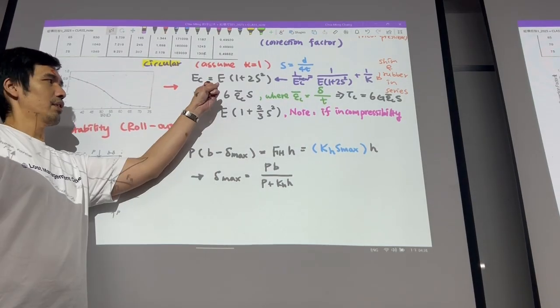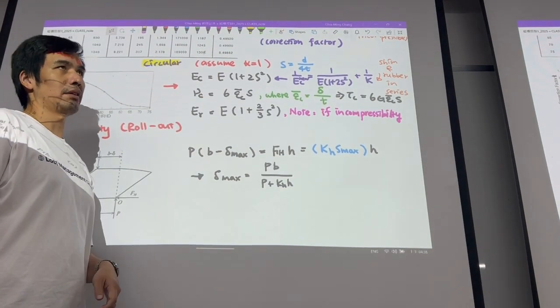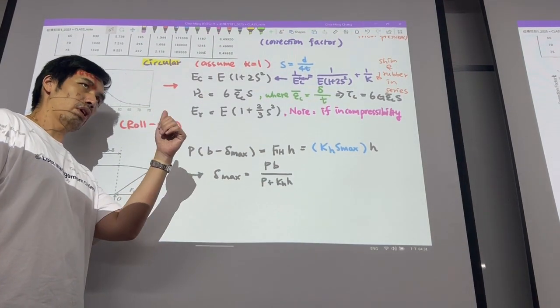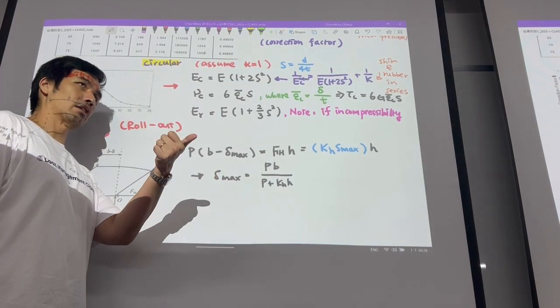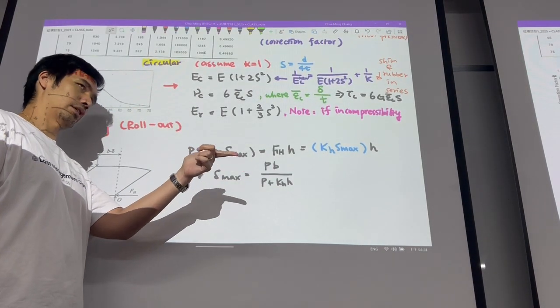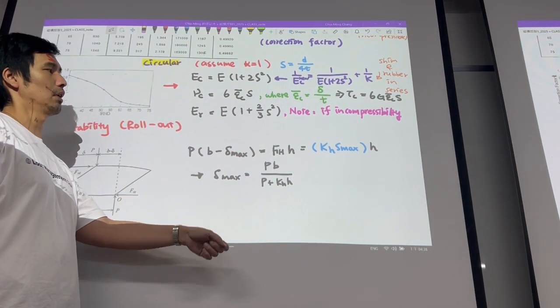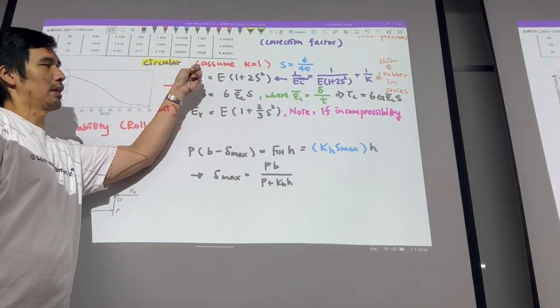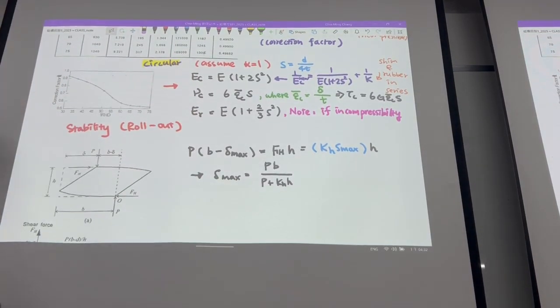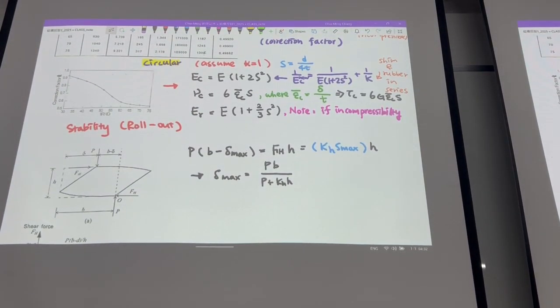Your elastic modulus should be modified due to its hardness, for that correction factor, due to that shape factor. And the same idea can be applied to your rotational modulus.